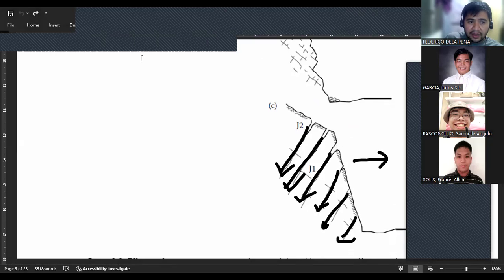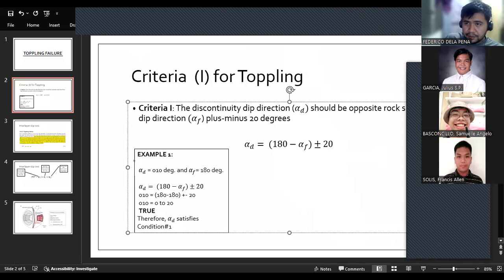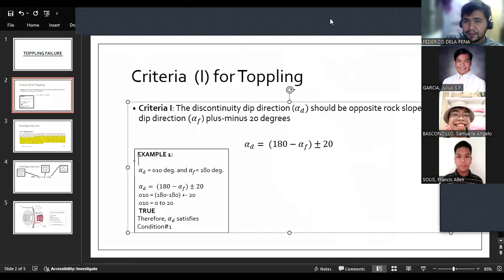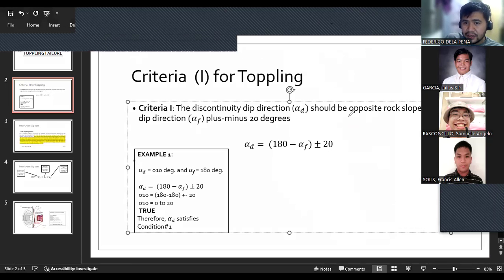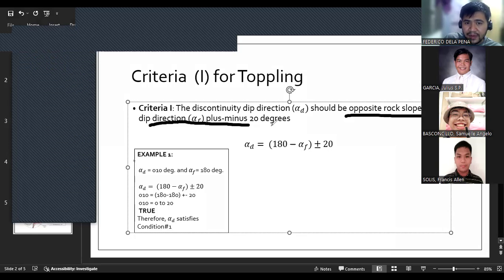If you go back to the PowerPoint, essentially you have two conditions here for the orientation. First is that the direction should be opposite of the rock face, and you have a tolerance of plus minus 20 degrees. So the eligible azimuths gamma d are equal to 180 minus the azimuth of the discontinuity, plus minus 20 degrees.